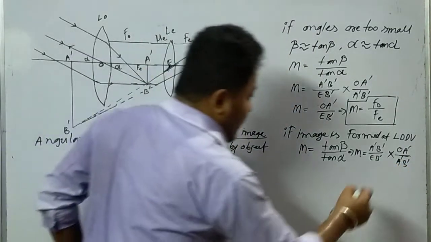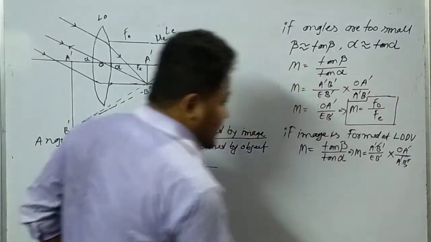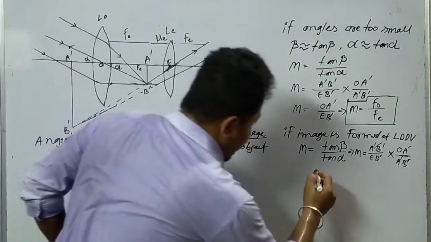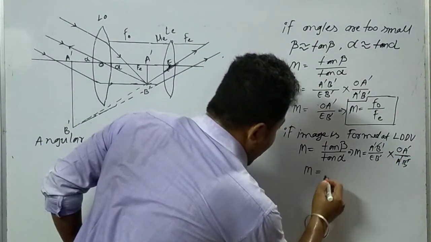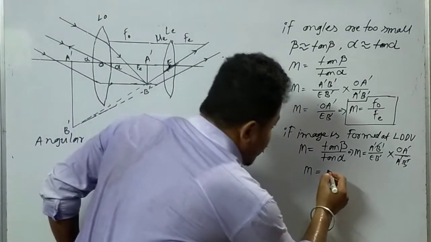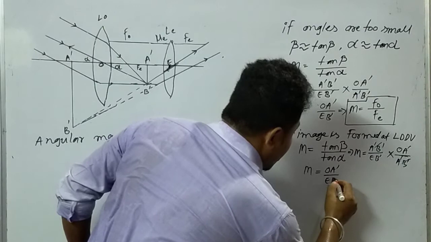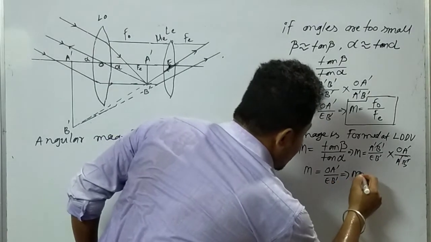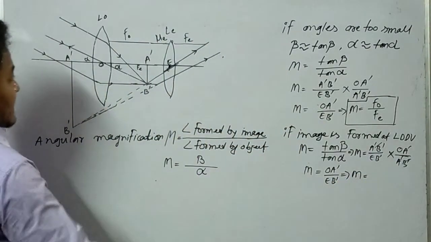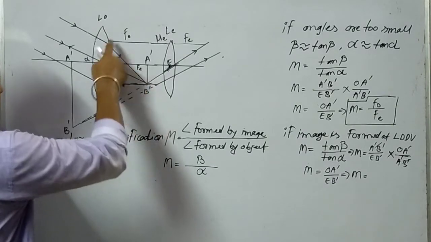Okay, so I will cancel A dash B dash. What I will have is M is equal to O A dash by EB dash. So M is equal to, what is O A dash? In this case, O A dash is nothing but FO.